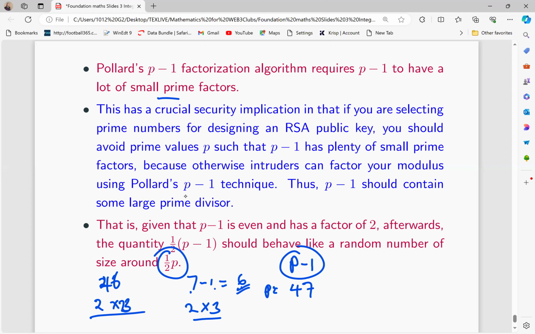So that if your P is, for instance, 263, I don't know if that is a prime number, but I'm just using an example. Supposing this is a prime number, and 2 is a factor of this number, then P minus 1 will be 262.